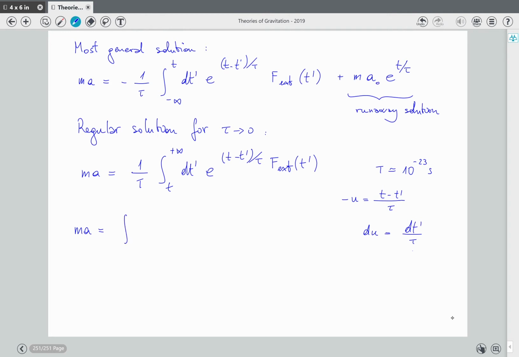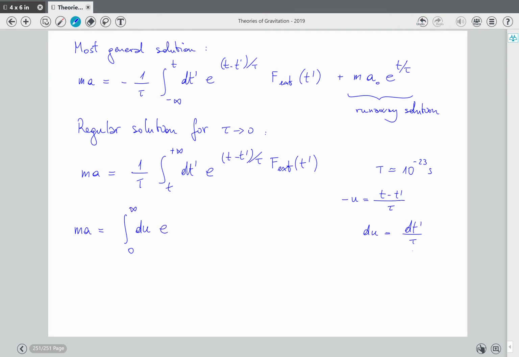And so you get an integral in the variable u, and the integral goes from t prime going from t to plus infinity. So when t prime is equal to t, u goes to 0. And when t prime is equal to plus infinity, u goes to plus infinity.